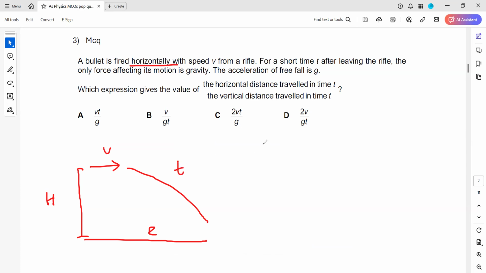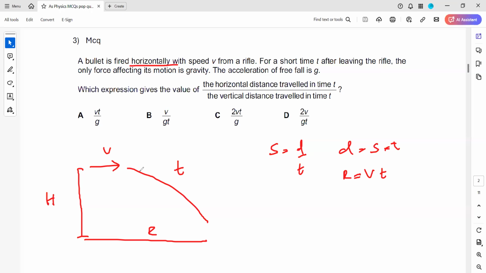Because there is no acceleration in the horizontal motion, speed is equal to distance over time, so distance will be speed multiplied by time. The speed is v and the time is t, so the horizontal distance is v into t. Or you can also say the range, as we are representing the horizontal distance by r, range is v multiplied by t.